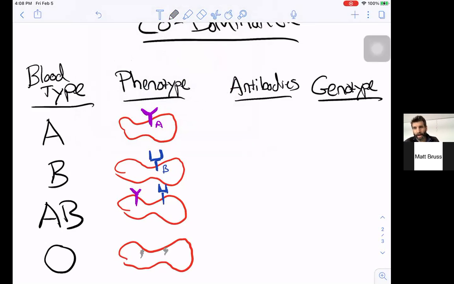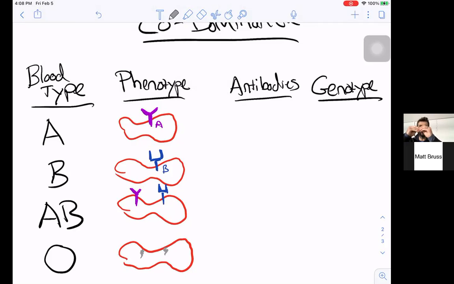What we talked about in class, and I don't want to get too involved here, is that your blood has antibodies. Your immune system circulates these antibodies that go around and look for cells that should not be in our body.